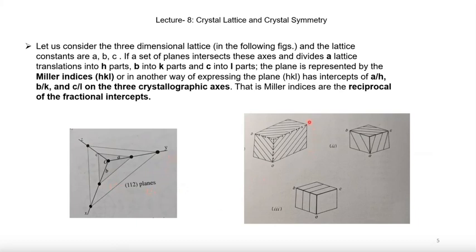Okay, now we have some examples of 3-dimensional solid figures. We have to remember that we first point out our origin and then the axis directions. So here is the origin. If this is the C direction, you see that these planes cut C in 5 parts, A in 4 parts, and B in 3 parts.